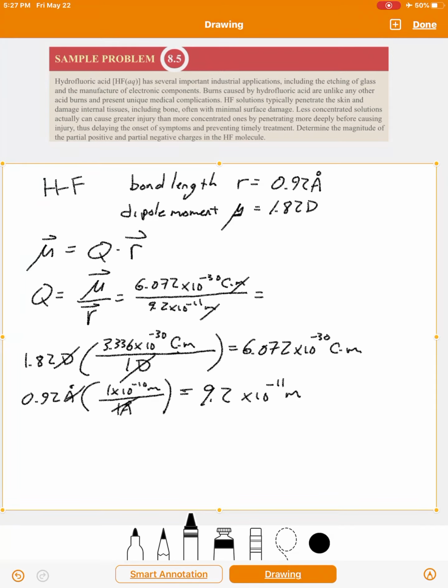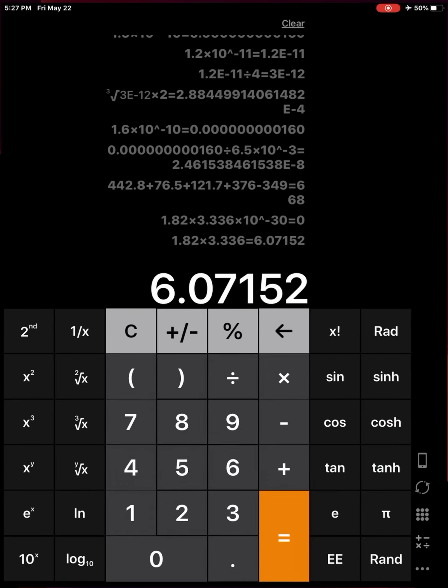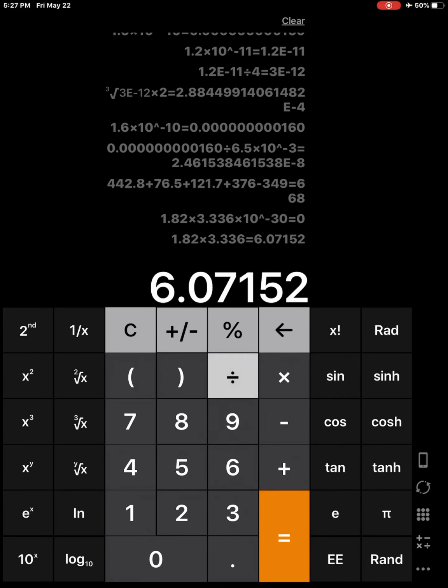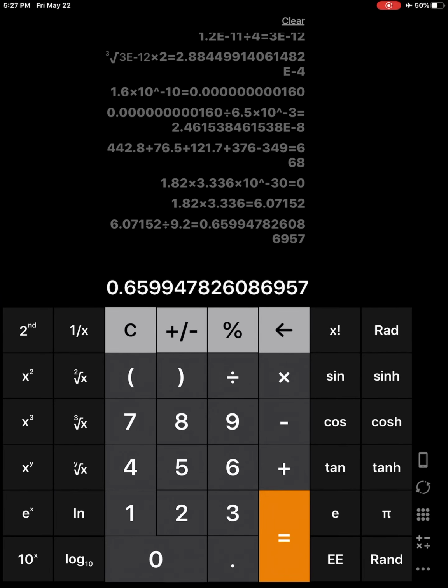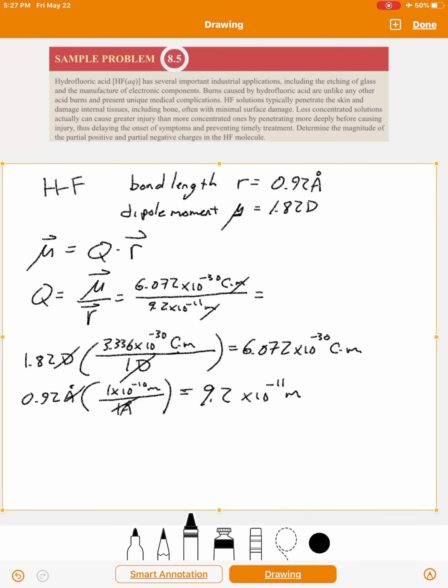So 6.072 divided by 9.2 is 0.6599. Let's go ahead and round it to 0.660. And then let's do the powers of 10.